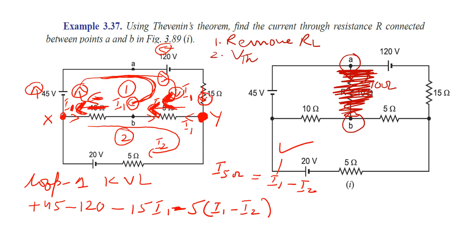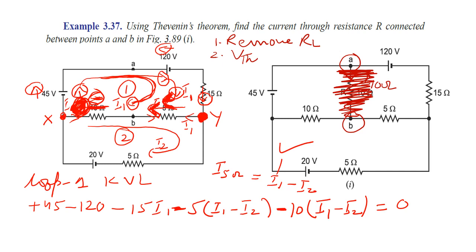The rule says the loop current comes first, so I1 comes first, then minus I2, and here it is minus because the loop direction and the current direction are the same, so minus 10, and this is equal to 0.